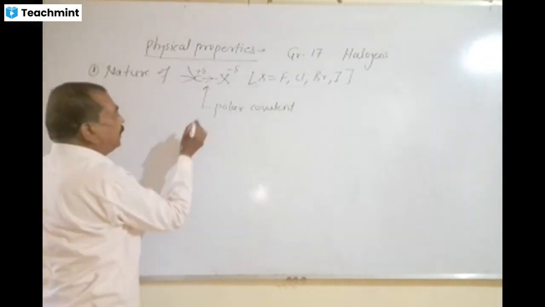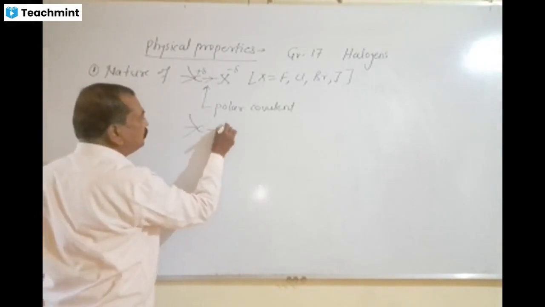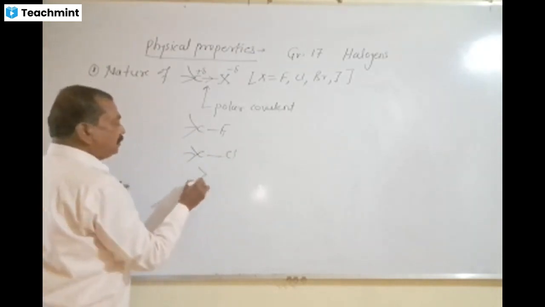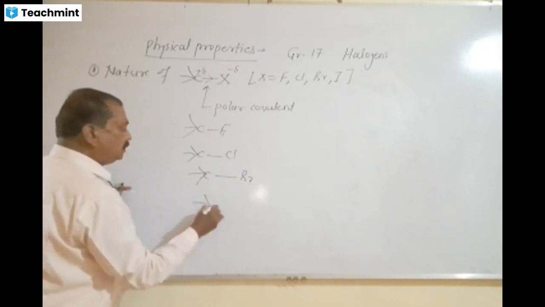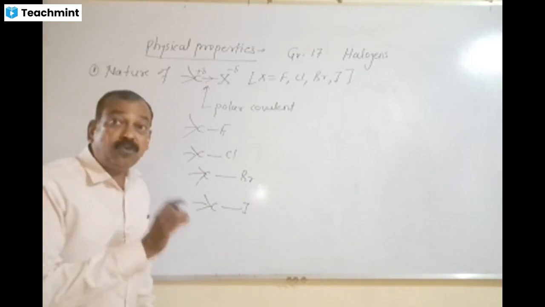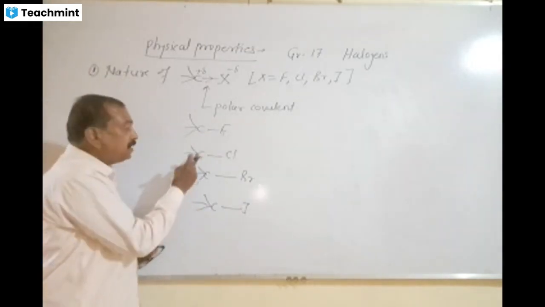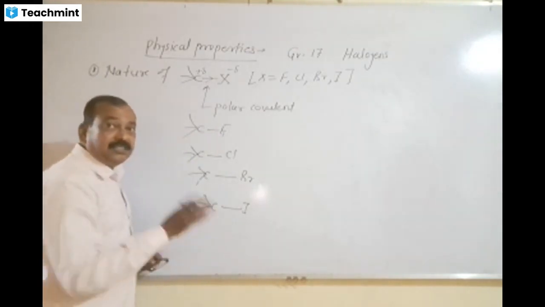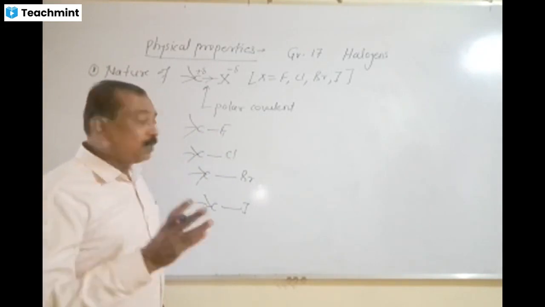Therefore, in these halogen derivatives, that is C-F, C-Cl, C-Br and C-I, the strength of the bond goes on decreasing. That is, the bond between carbon and fluorine is strong as compared to the bond between carbon and chlorine, carbon and bromine, carbon and iodine. The strength of a bond depends upon atomic number and also atomic size.